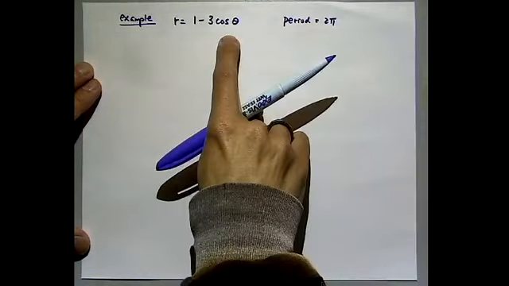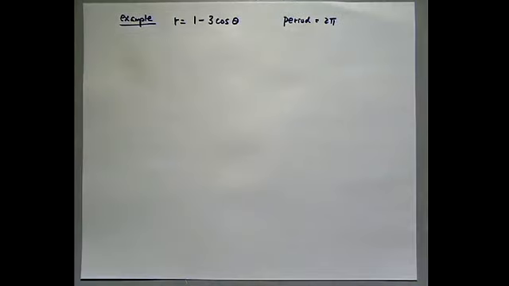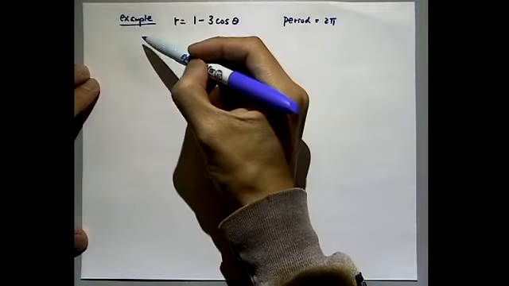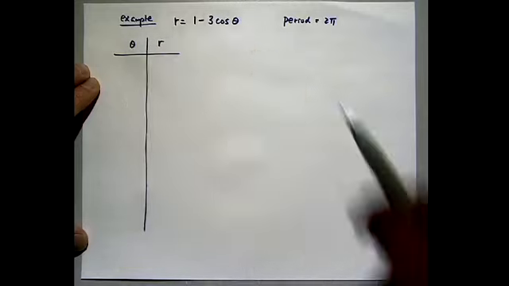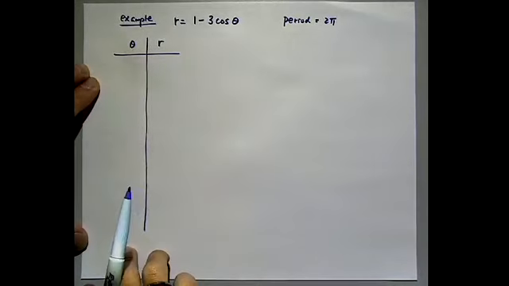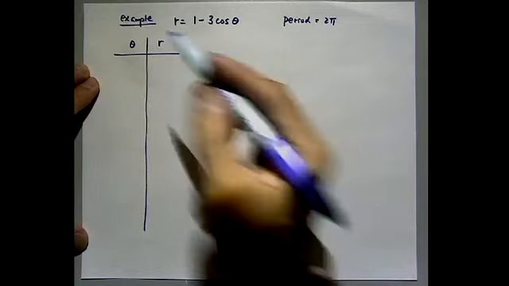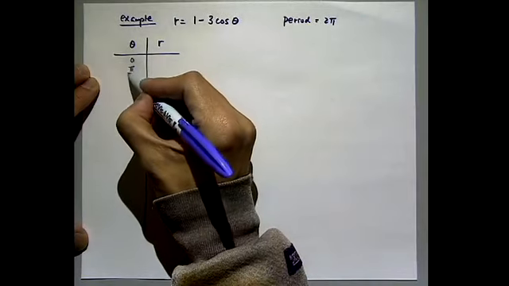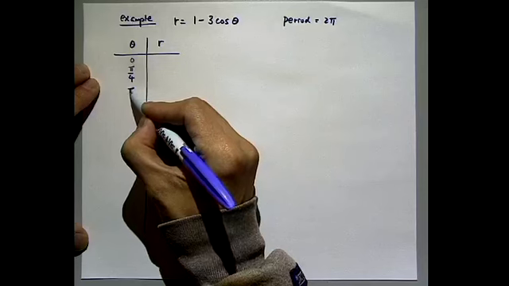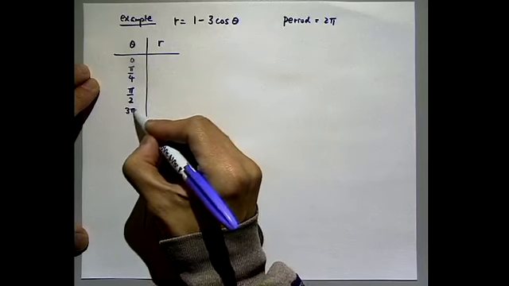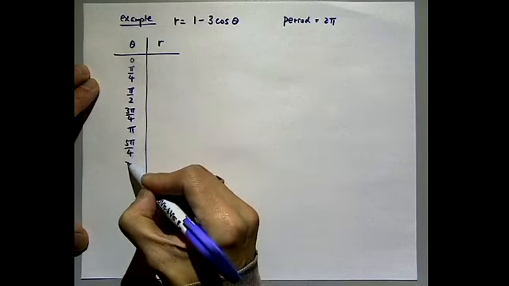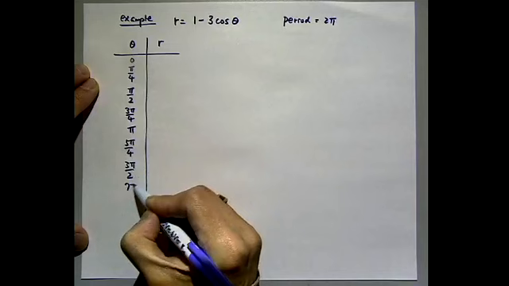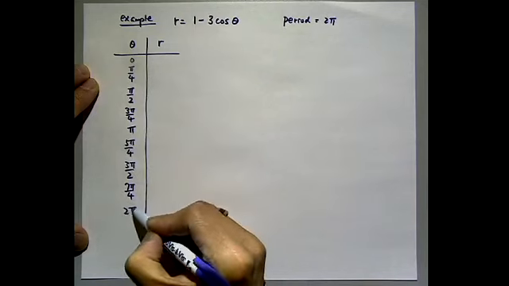So this again has a period of 2 pi. Therefore, my theta values should go from 0 to 2 pi. I'll choose the same values I chose in the first example: 0, pi over 4, 2 pi over 4, 3 pi over 4, 4 pi over 4, 5 pi over 4, 6 pi over 4, 7 pi over 4, and 8 pi over 4.